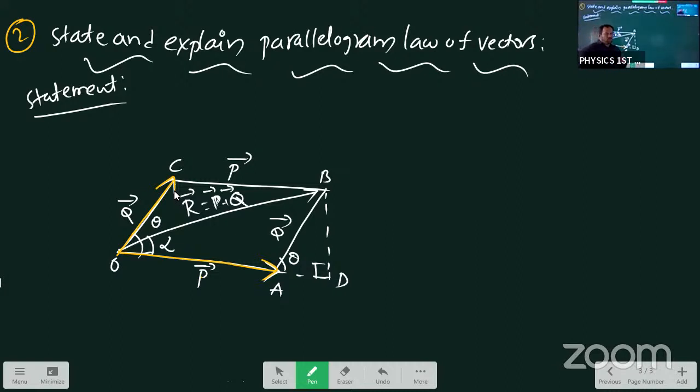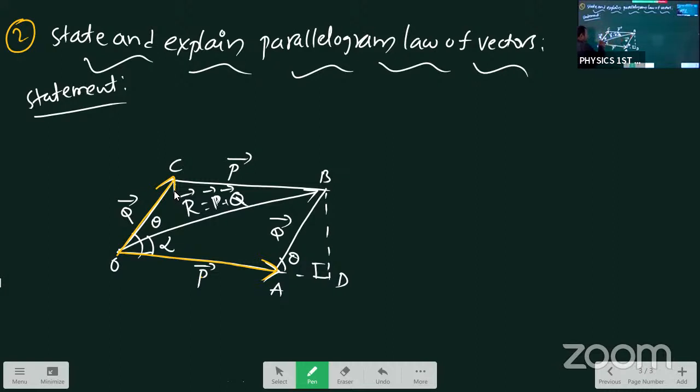I am giving two different statements that mean the same: one is a shortcut statement, one is an enlarged statement. Two vectors represented with adjacent sides of a parallelogram, both in direction and magnitude.